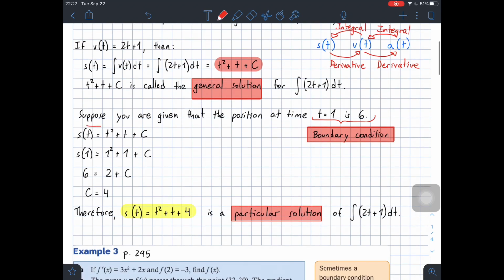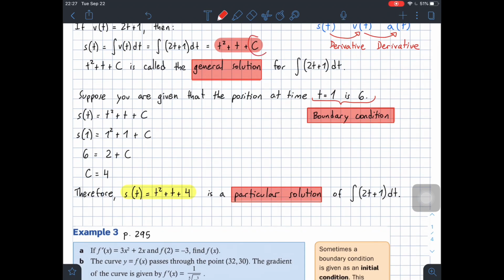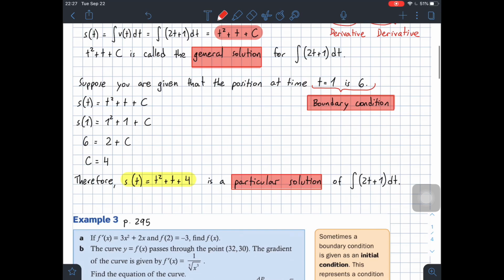Then it says, suppose you're given that the position at time t equals 1 is 6. So here we're given something that is called a boundary condition. It's like extra information that will allow us to find the indefinite constant value c. So we already know that s of t is t squared plus t plus c.